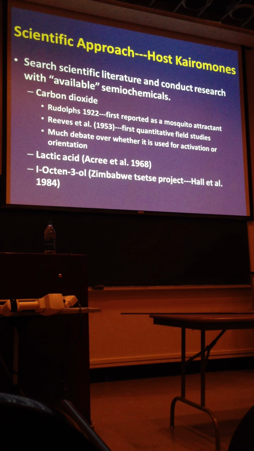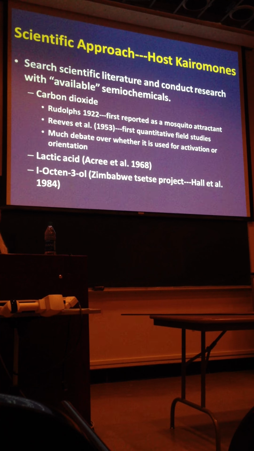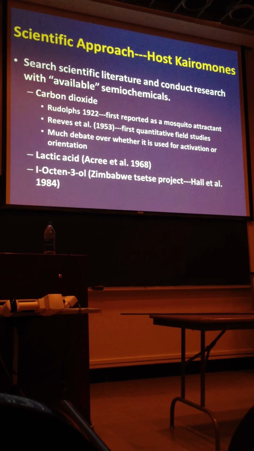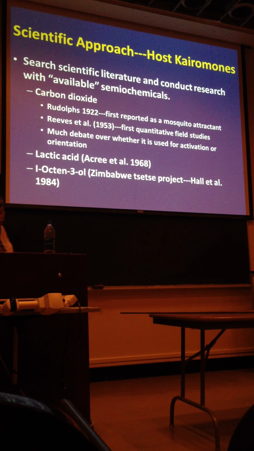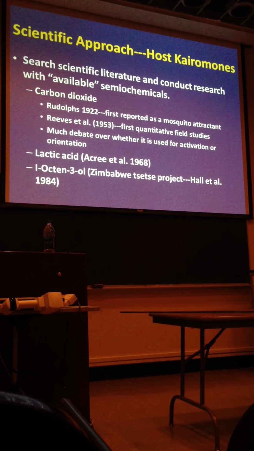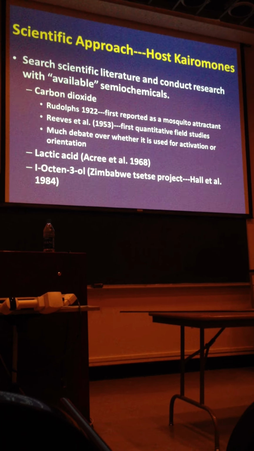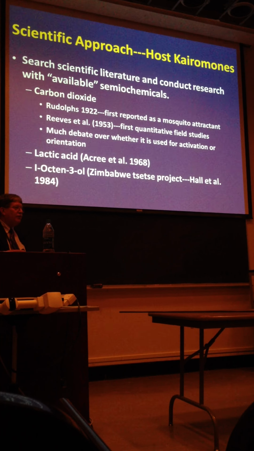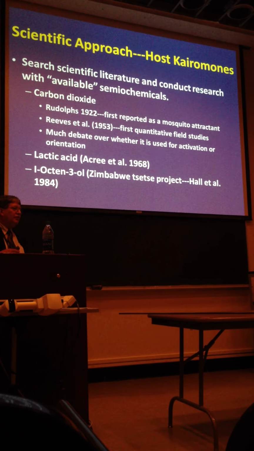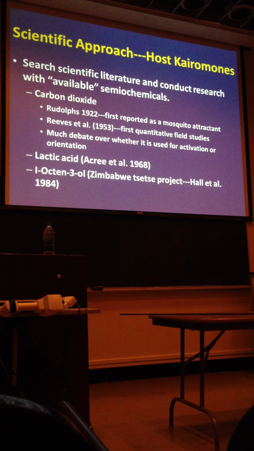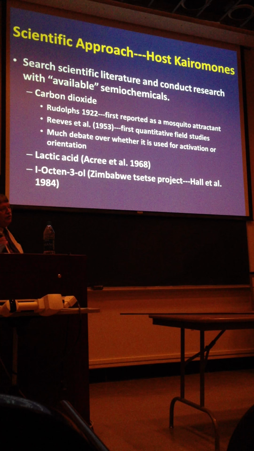It was first identified by Rudolphs at Princeton in 1922 as a mosquito attractant. Then Bill Reeves at Berkeley was the first really to use it in the field. And there's a debate, even in the mosquito world, about whether it activates from long distance or short distance, or is only used for orientation to find the host.